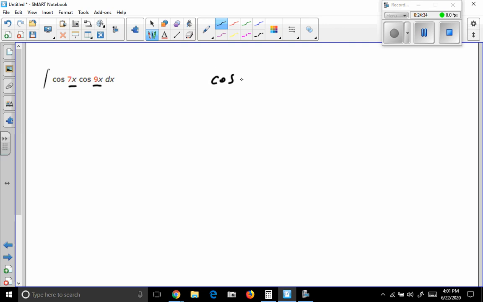If we have cosine of ax times cosine of bx, to write that from a product to change it into a sum, that becomes 1/2 cosine of the angles subtracted, plus cosine of the angles added.